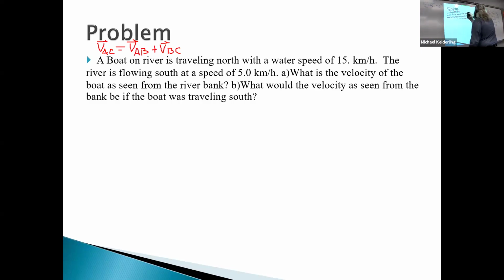There's positive direction. And I'll draw a quick picture. We have a boat on a river. It's traveling north with a water speed of 15 kilometers per hour. This is velocity of the boat with respect to the water.